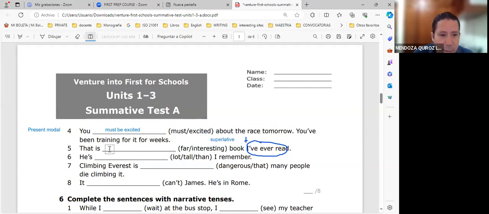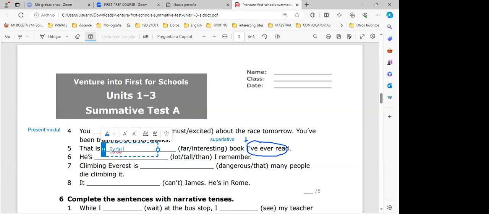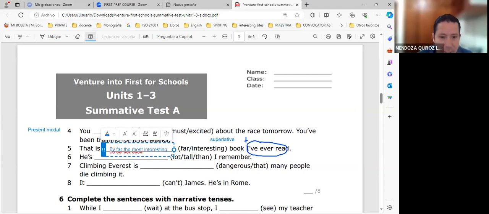Can you complete it now? By far. Go on, Andrea. Most interesting. There you go. The most interesting book I've ever read. And you can see, the exaggeration is there. Listen to it. That is by far the most interesting book I've ever read. The book is good, but people sometimes enjoy exaggerating.